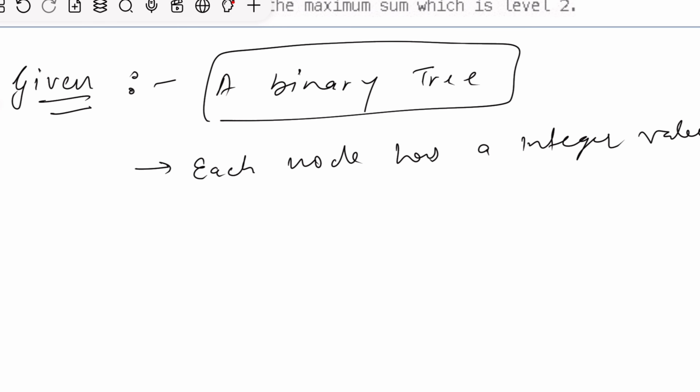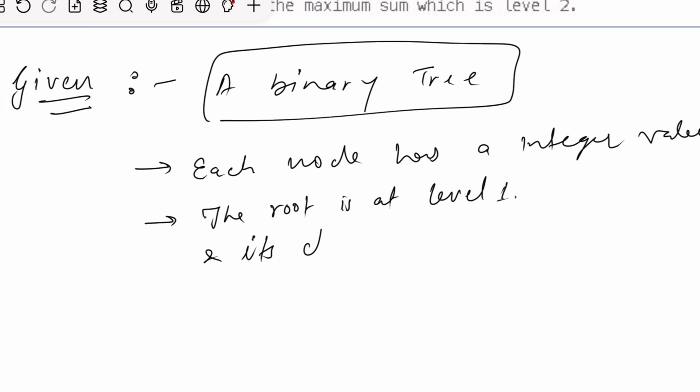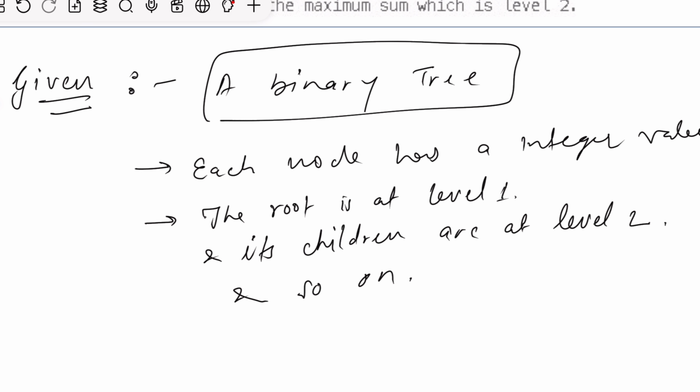Now it is also saying that the root is at level 1, and its children are at level 2, and so on.